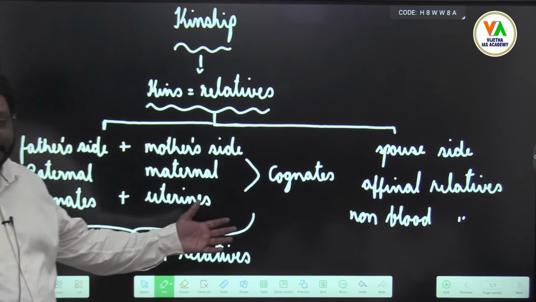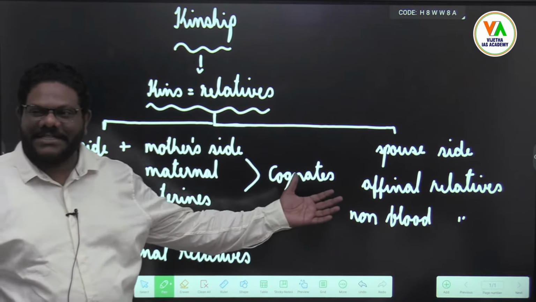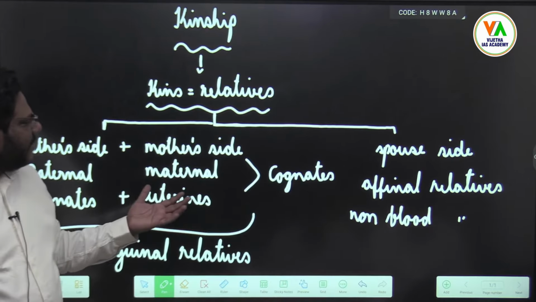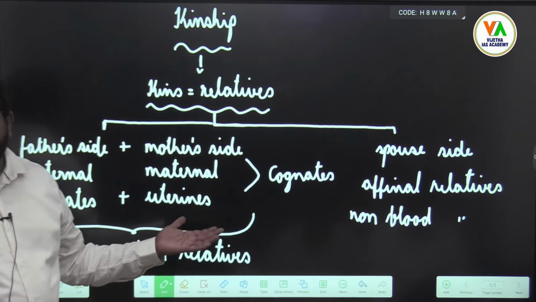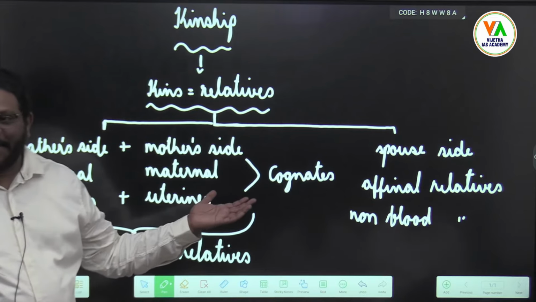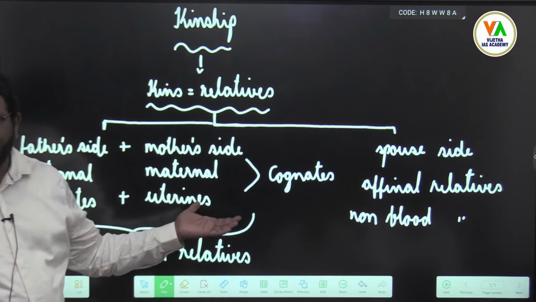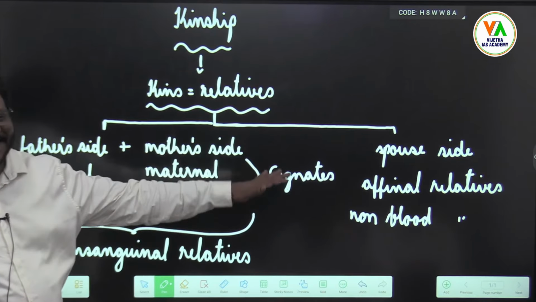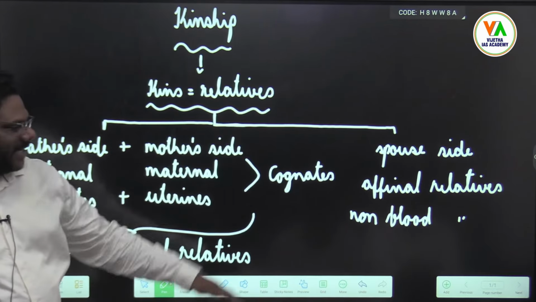If it is consanguineal marriages, like cousin or uncle and niece, etc., then the situation is different. That is why I said generally or mostly. But generally this is the case. So this is it.